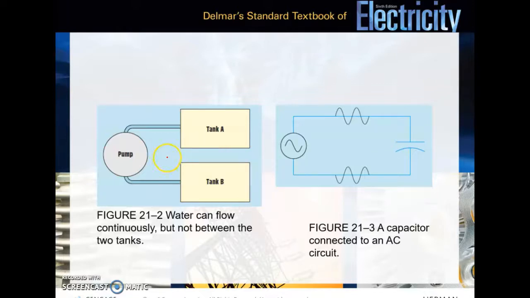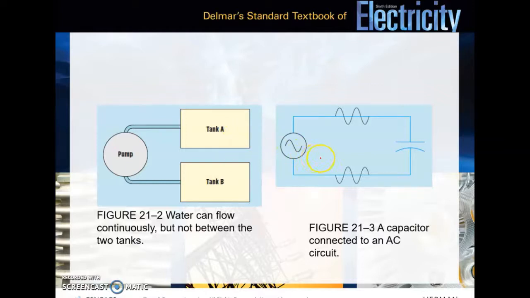When the pump starts, it pumps the fluid out of tank A into tank B. And after some time, tank B is completely filled, while tank A is completely empty.